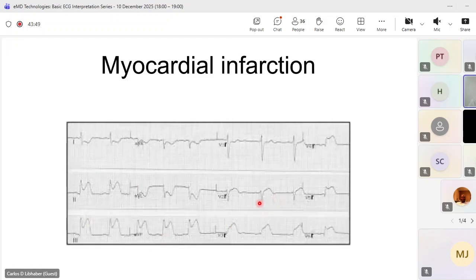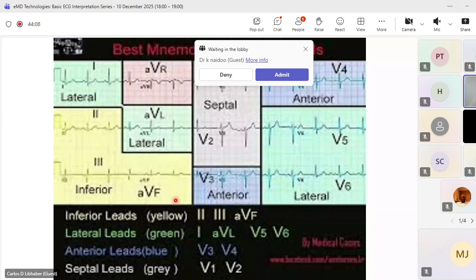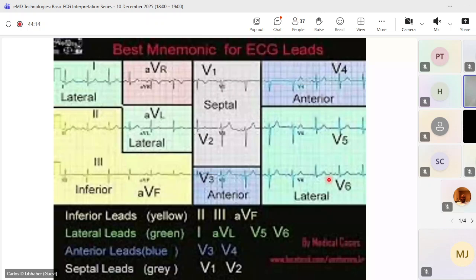Also part of the anterior and the lateral. Here you have, again, lead 2, lead 3, AVF involved, definitely. But also V3, V4, V5, and V6. So inferior, anterior, and lateral. That patient has a big infarct.